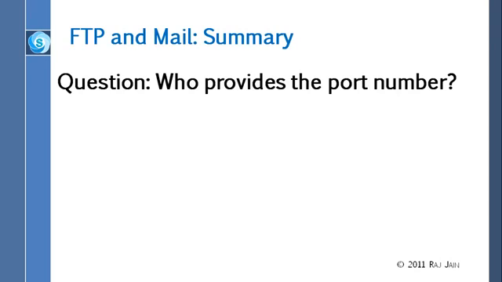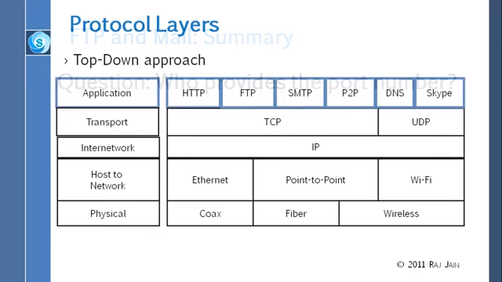Is the port mechanism provided by sockets? Okay, the question is who provides the port mechanism. If you go back to the 7-layer model, I don't know whether it is in this slide set. Yeah, here it is. At any point, we need an address to go to the next layer.